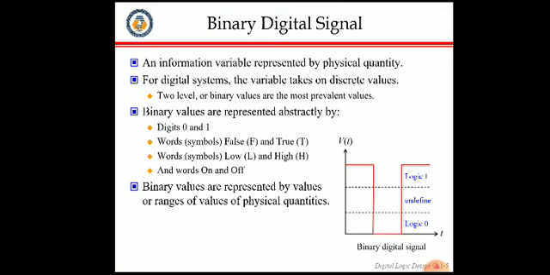Binary values are represented abstractly by the digits 0 and 1. In words, digit 0 you can call false and digit 1 you can call true.